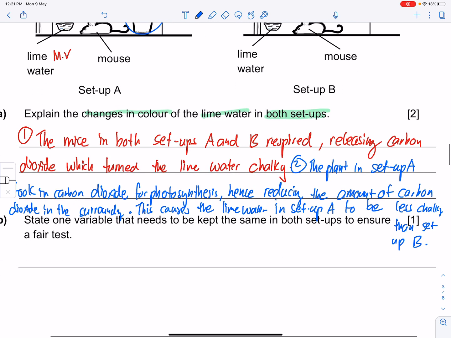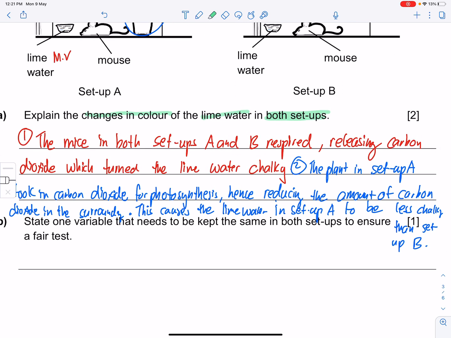Now the next question asks you, state one variable that needs to be kept the same for both to ensure a fair test. Now this, I'm going to take a little bit of time to unpack. This is so important. Now there are three things that you need to know about: accuracy, fair test, and one more thing.